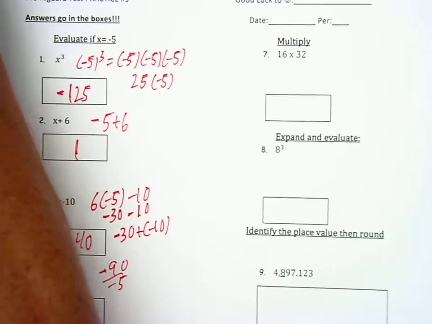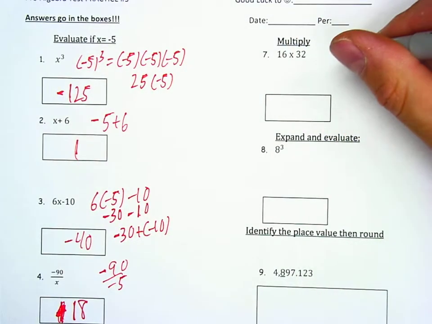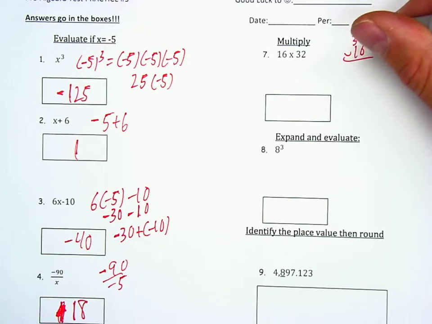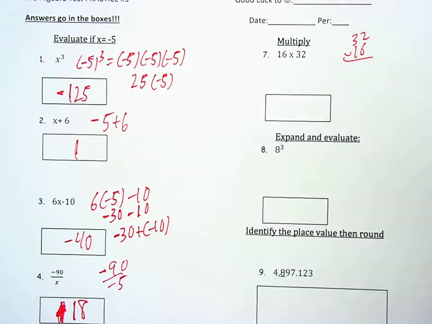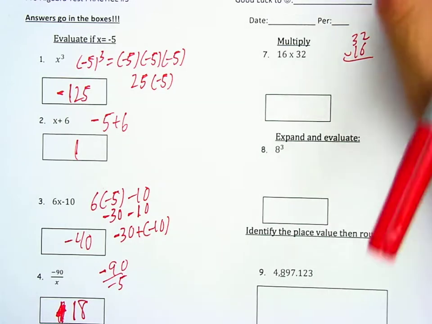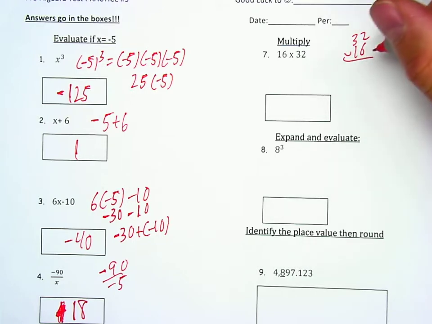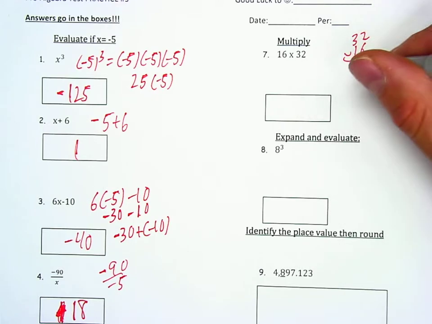All right, question 7, 16 times 32. So 16 times 32 would be the same as 6 times 32 plus 10 times 32. You could break that down further by doing 5 times 32, 1 times 32, and 10 times 32. So 6 times 32 here, that's 192.